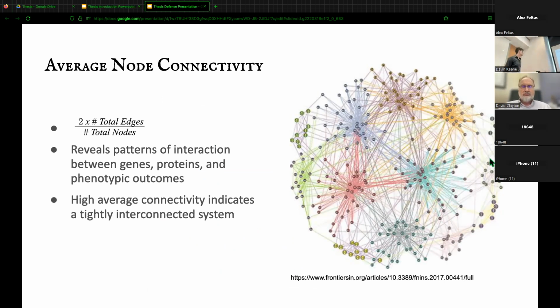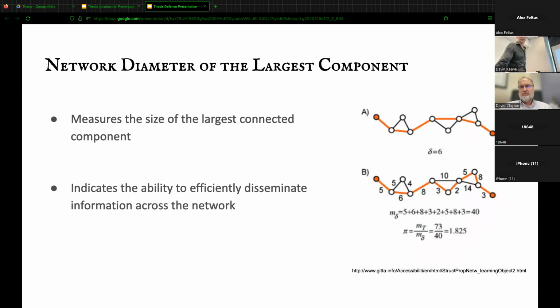You can imagine if you were to hold the number of nodes constant and keep adding edges, with edges being in the numerator, you must have a more interconnected network. There's nowhere to add those edges except for nodes that already exist. So by looking at this ratio of edges to nodes, we can get an idea of how interconnected the network is, which tells us something more of its complexity.